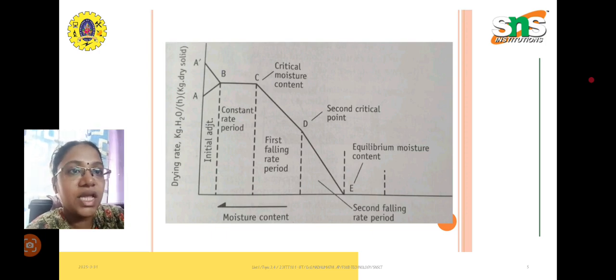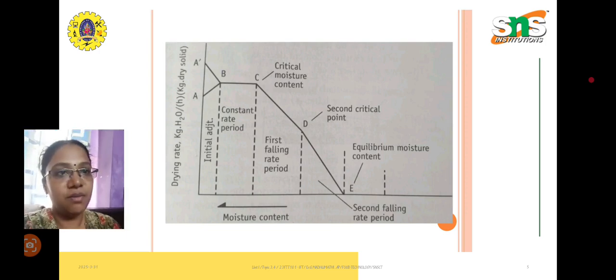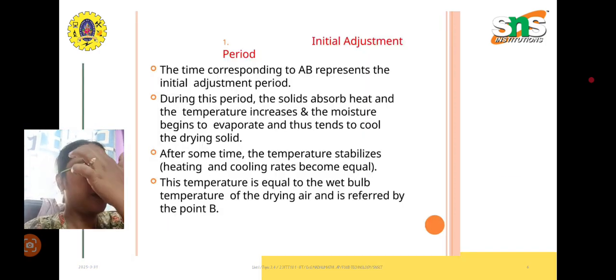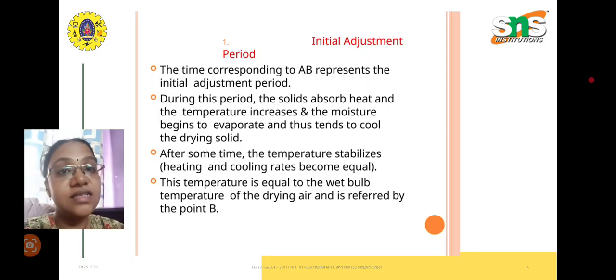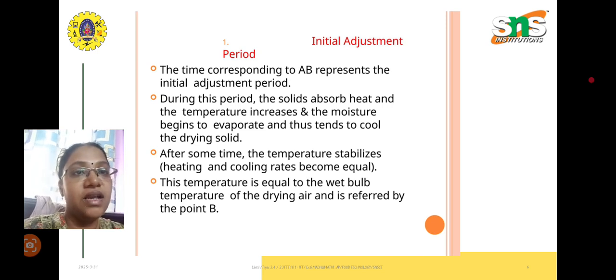Between the second critical point and the second falling rate, we are going to learn about the equilibrium moisture content also. So this is the concept behind the drying process, or the changes that occur during drying. So the first initial adjustment period, the time corresponding to A and B, will represent the initial.